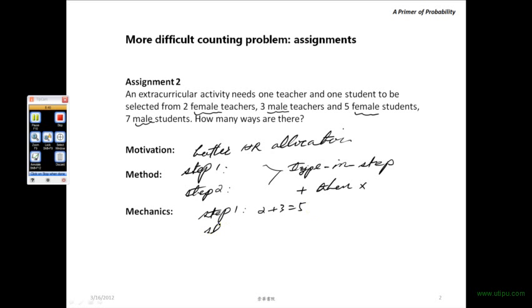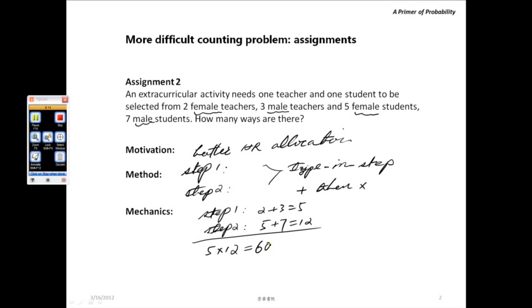For step 2, there are 5 plus 7 equals 12 different ways. Together we have 5 times 12 equals 60 different ways to finish the job.